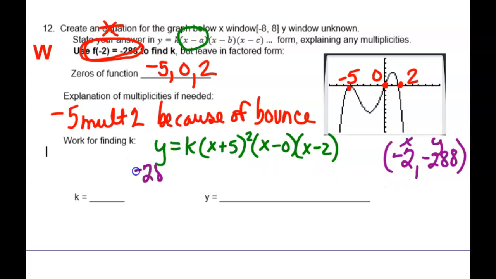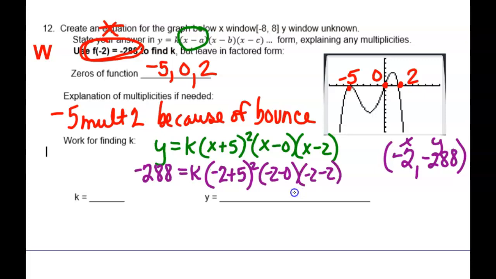Y is -288. X is -2 plus 5 squared, -2 minus 0, -2 minus 2. If you get this far where you've gotten the factors, that's another point, okay? So make sure you at least write it out with the factors.